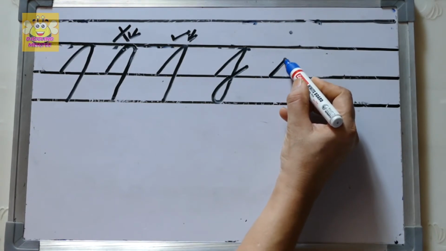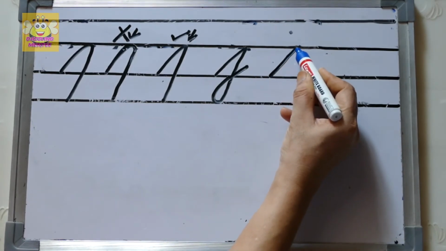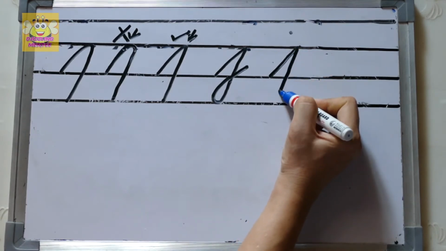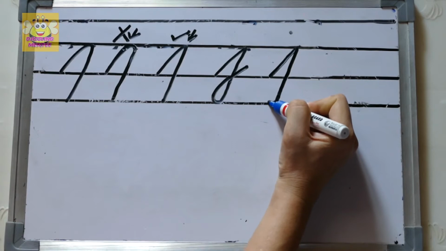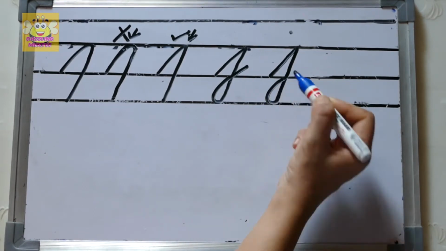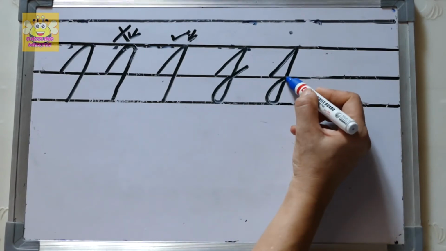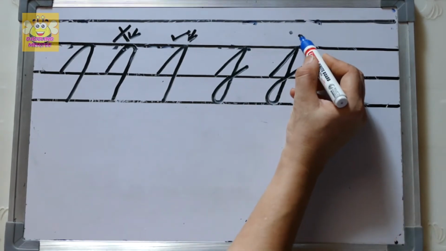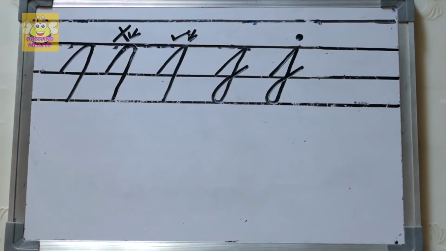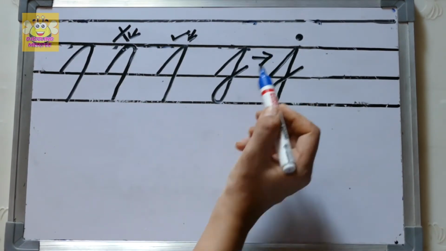Make a slanting line upwards. Come down, make a beak and then come down. Touch the line and then cross and put one dot on the top. Which alphabet is this? J.